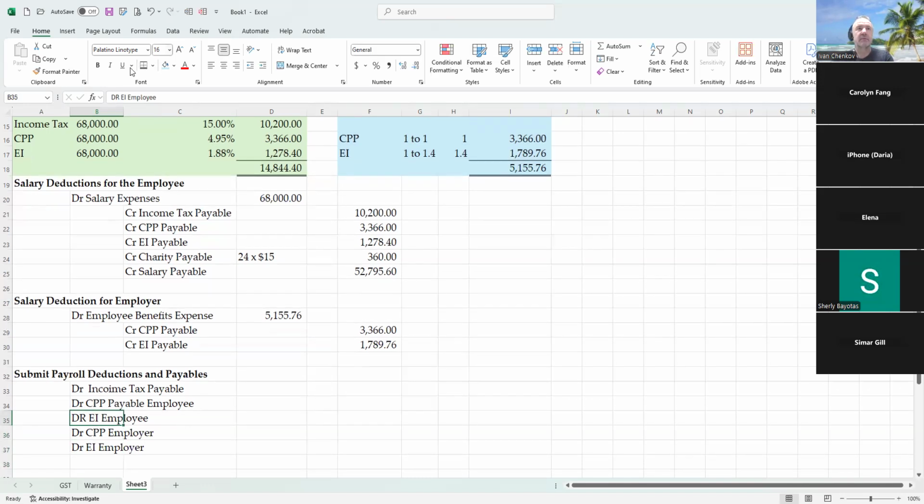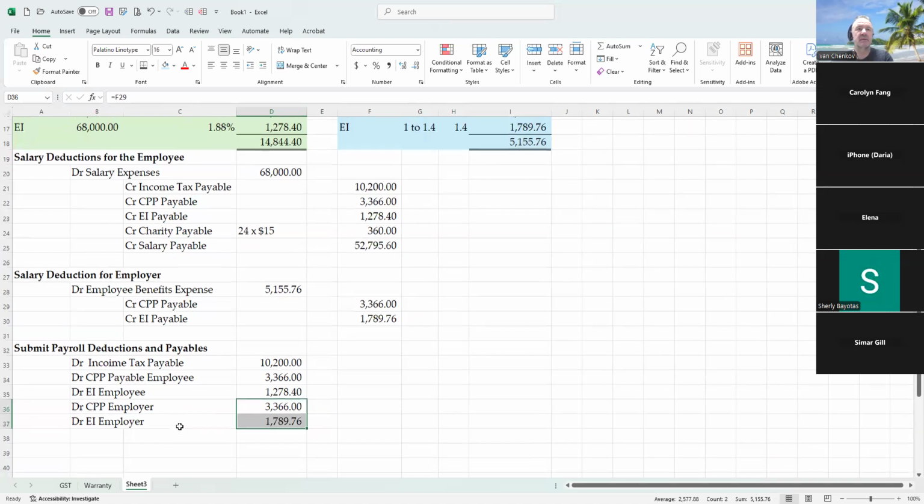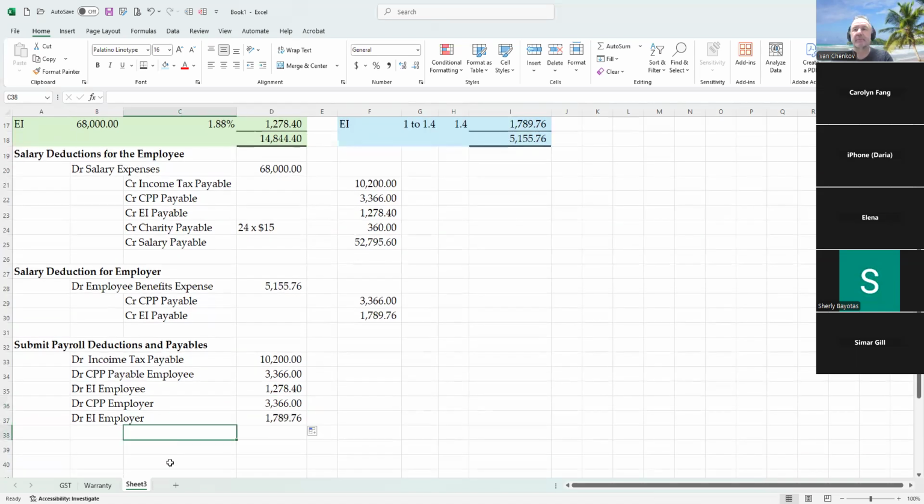And let's do those amounts. First, we're going to start from here, and you're going to get the dash 2. Then we're going to get those two. And how are we going to settle these payables? Credit?